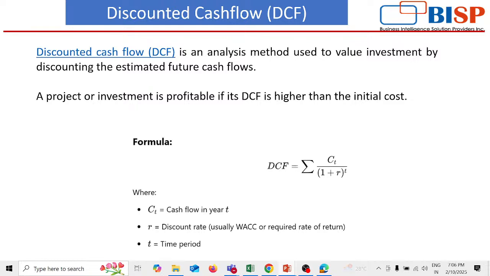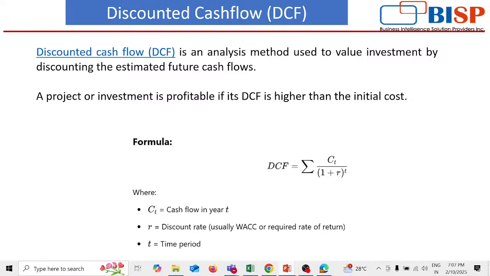Then it is divided by 1 plus R raised to power T. Over here R is the discount rate, which reflects the risk associated with the investment. It can vary based on the company's risk profile, market conditions and the specific project's risk.